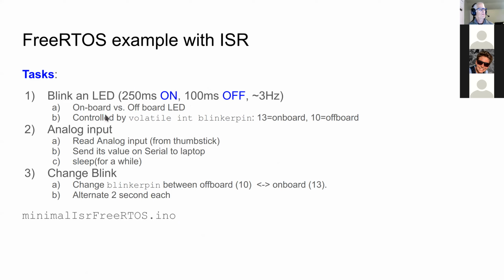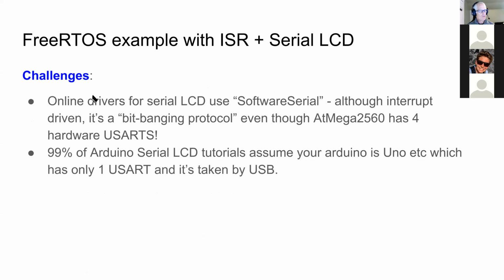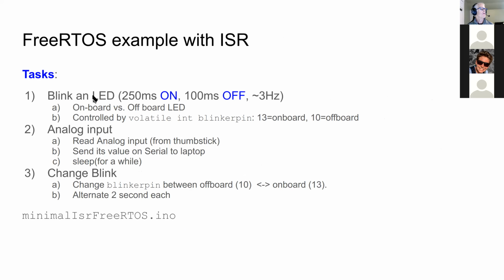So those are the good things about it. It's going to have 2 modes though. It can blink the onboard LED, but it can also blink an offboard LED. I forget if I showed this exact thing before. I think not.